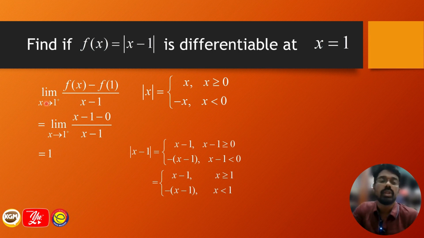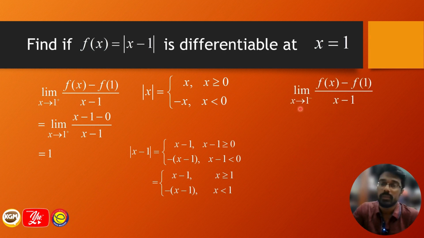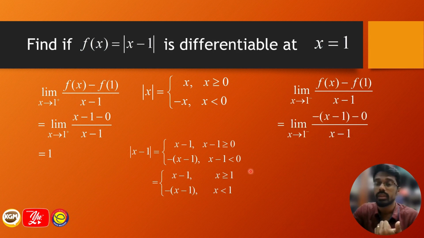Since we are done with the right, I need to evaluate the limit as x approaches 1 from the left. Similarly, as I approach 1 from the left, the values in comparison to 1 are going to be less than 1. So I'm going to apply this function. Now f of 1, you evaluate using the function that you're traveling on, which is this one.